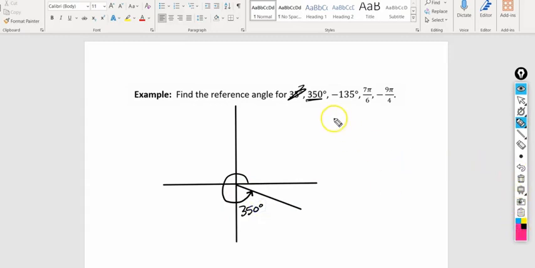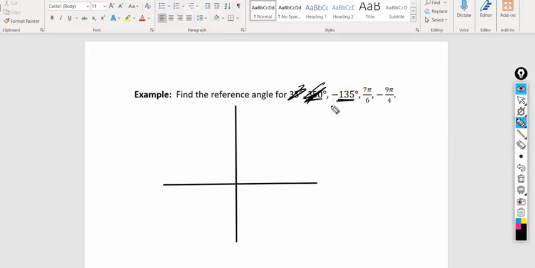The reference angle is the angle that the terminal side makes with the nearest x-axis, and a full revolution is 360. So this red angle here is going to be 10 degrees, and it will always be positive. So my reference angle is 10 degrees there.